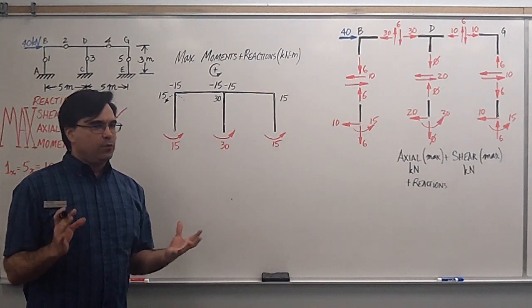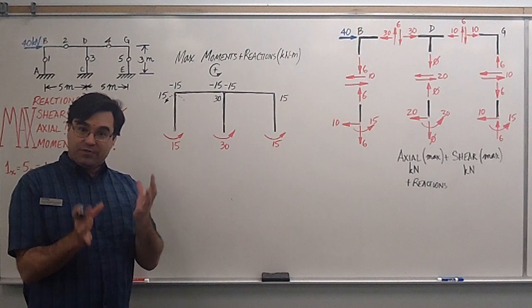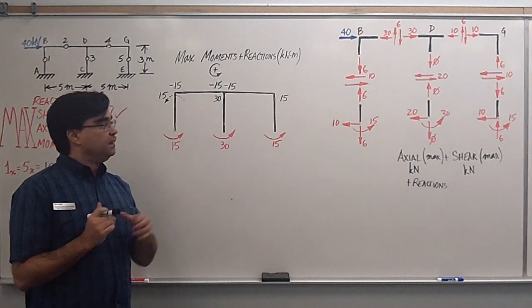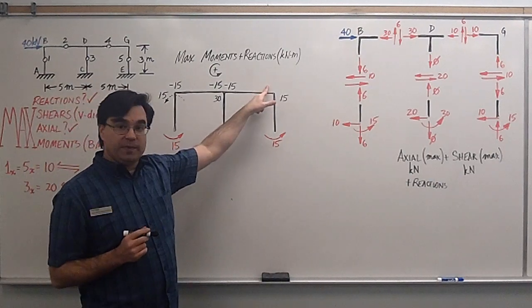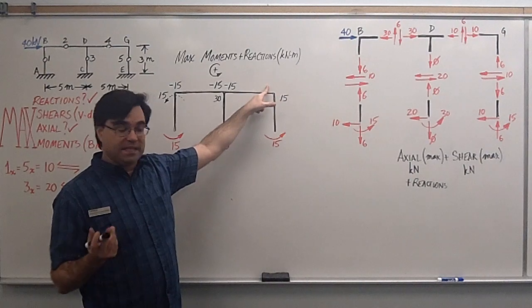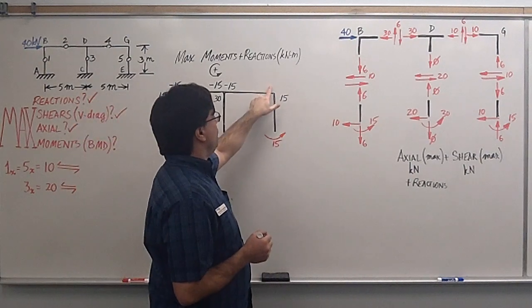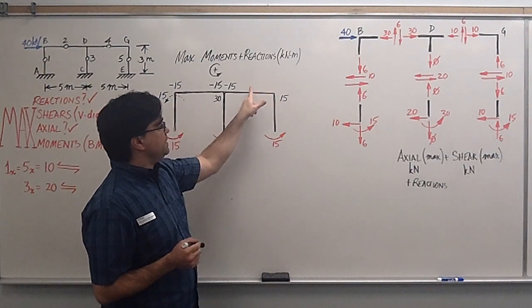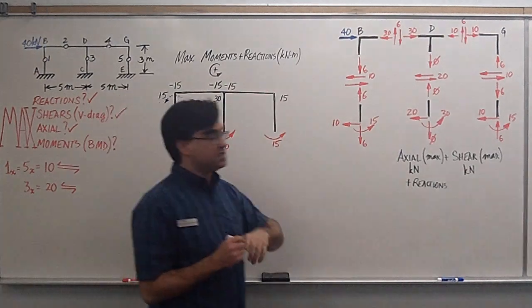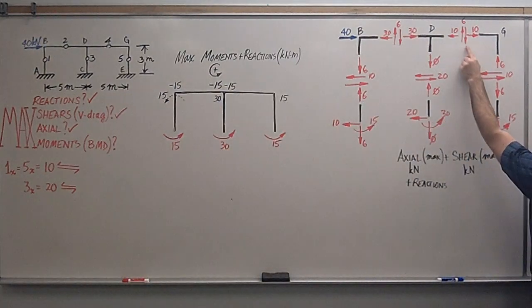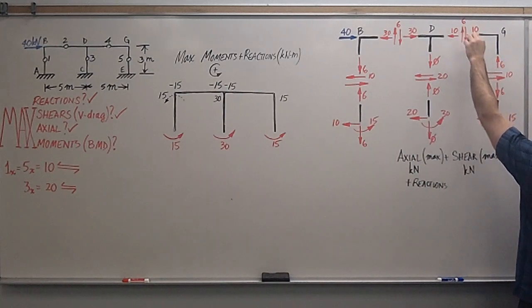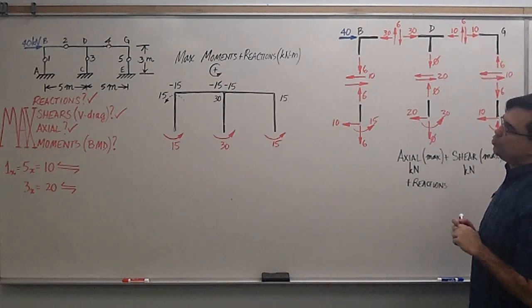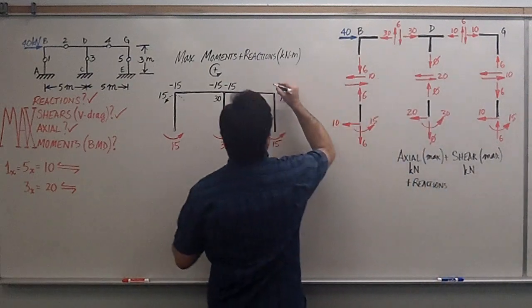Let's do this end. Do you already foresee what you should be getting as a value so everything balances out? This hopefully should turn out to be minus 15. Let's check. What we want here for the moment at this end is the shear times the half distance. So it's going to be this shear, not that, this shear, 6 down. 6 down times half the distance, 2.5. That's 15.